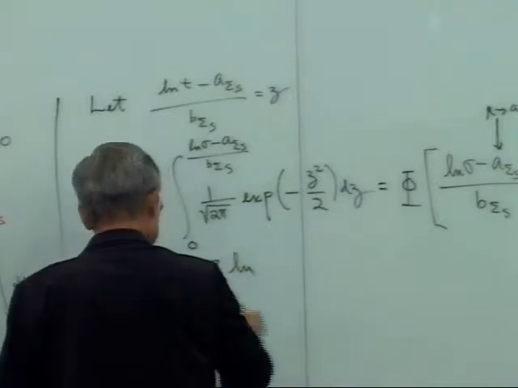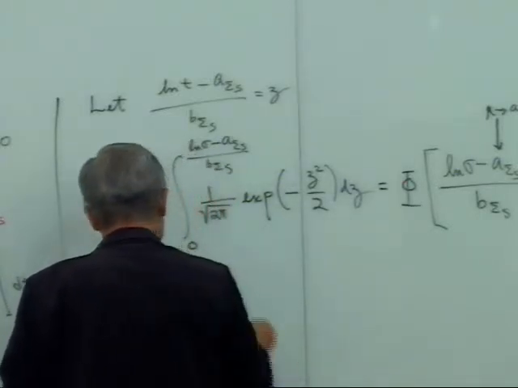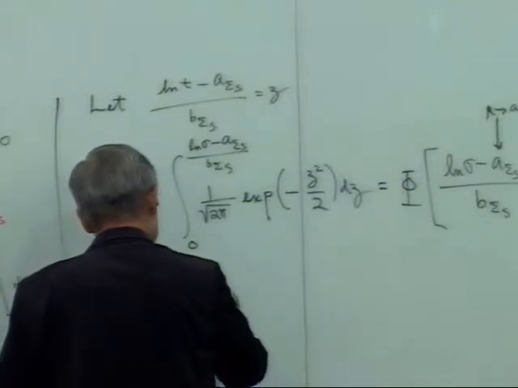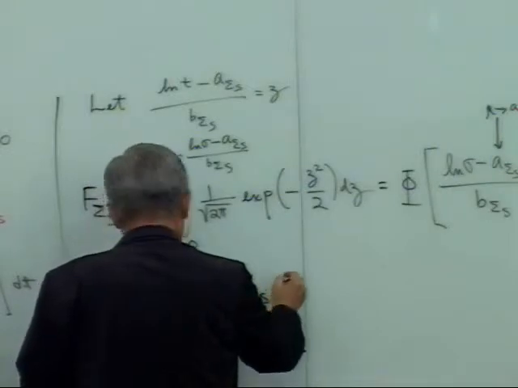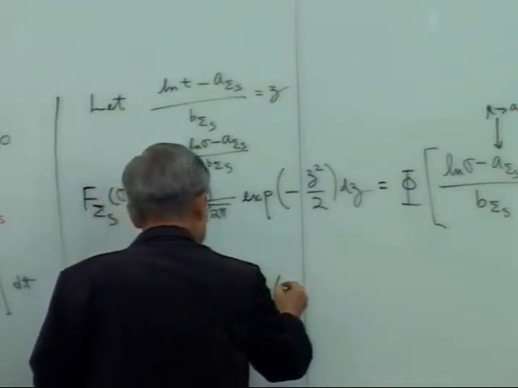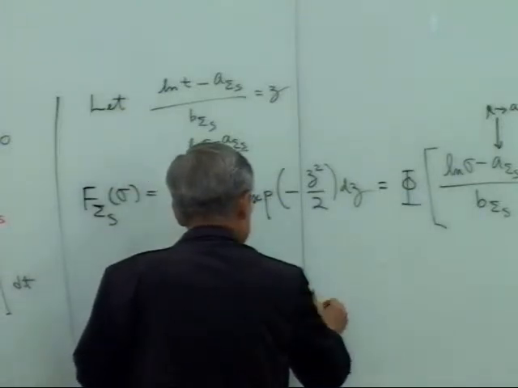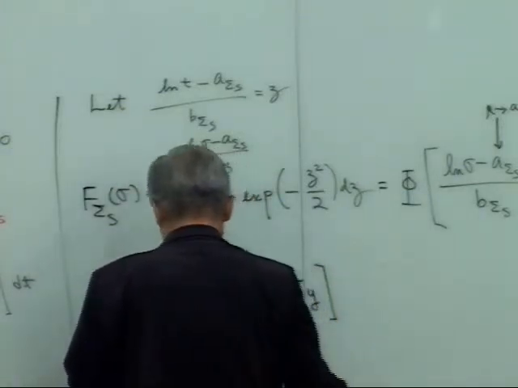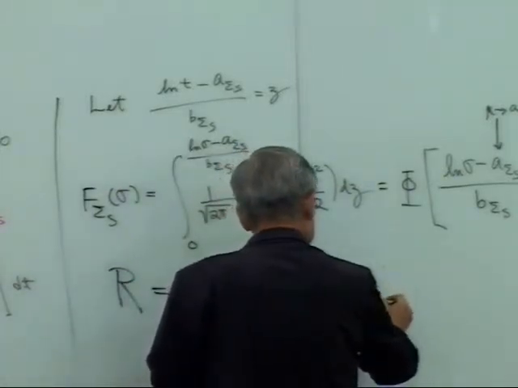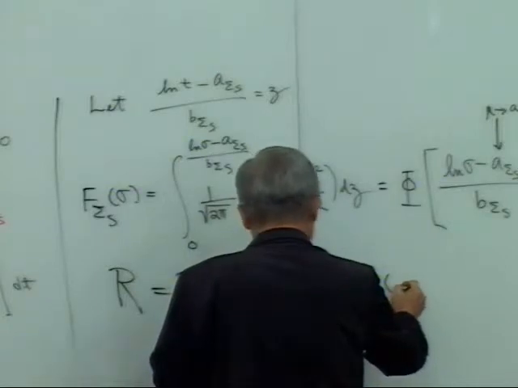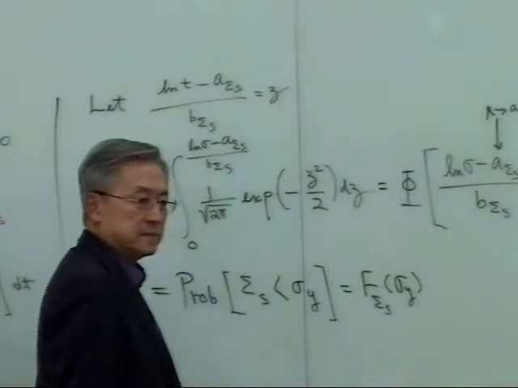Now this is reliability, which is a probability. Sigma s is less than sigma y, is equal to f sigma s, fy.